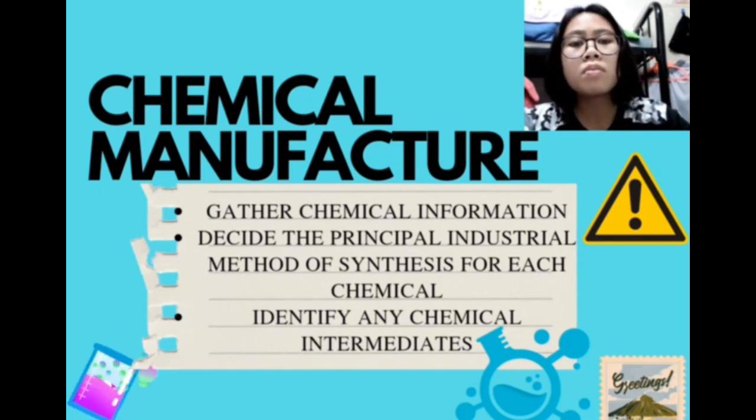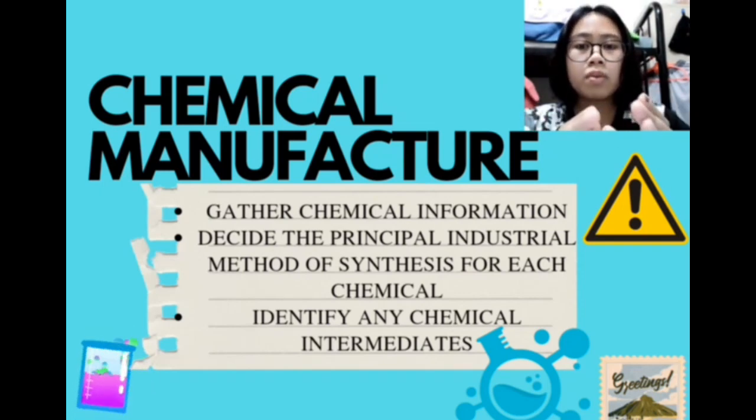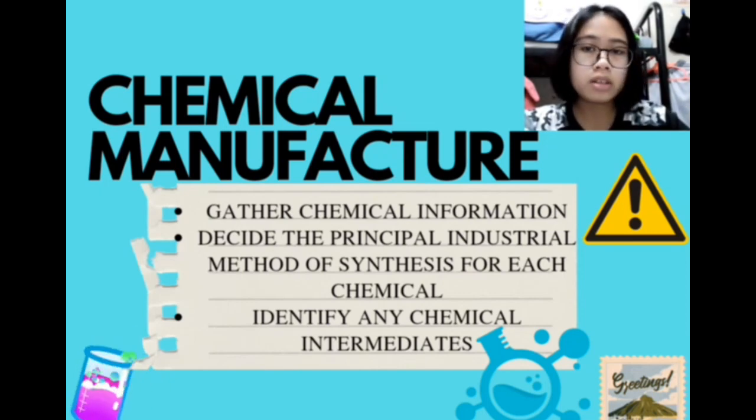During the initial step of this chemical manufacture, the science team will gather chemical information from the chemical properties module, including CASRNs, synonyms, and melting and boiling temperature.